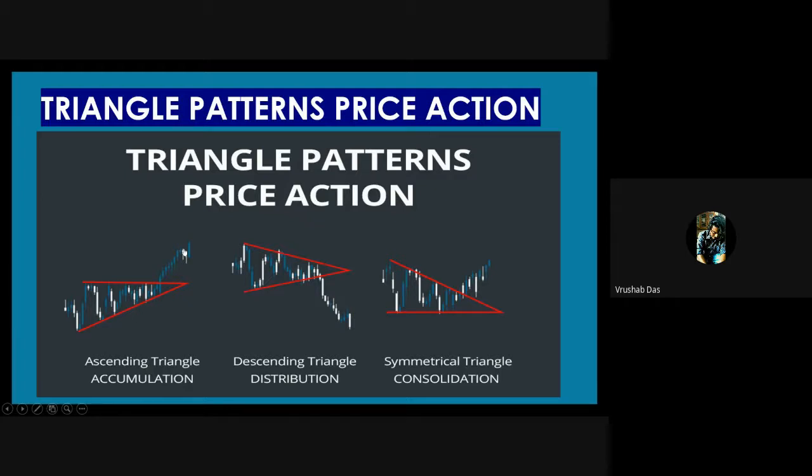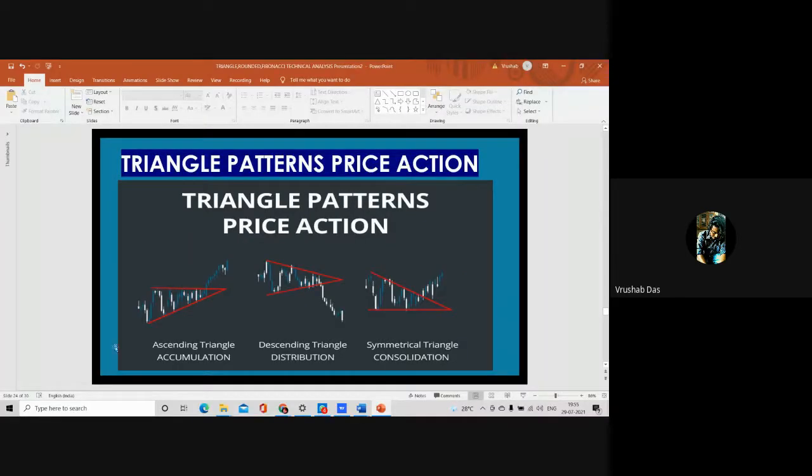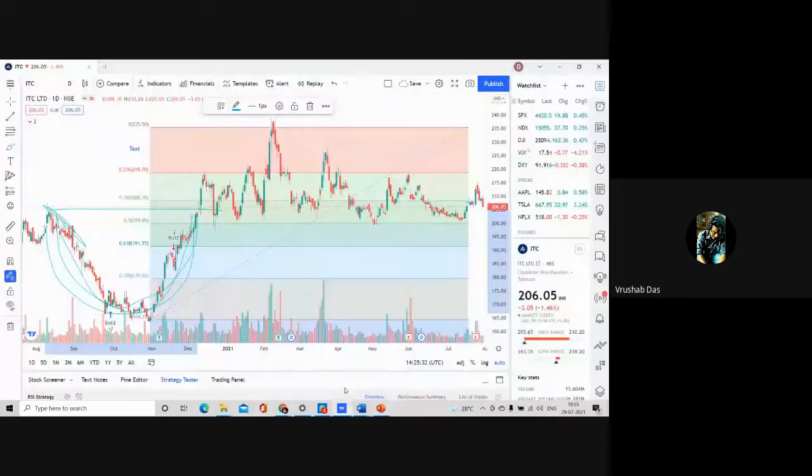Looking at a daily chart for all three types of triangle patterns, draw a line from the first high to the next high. I will take the example of ITC only. In this ITC Limited example, I am drawing the first triangle.